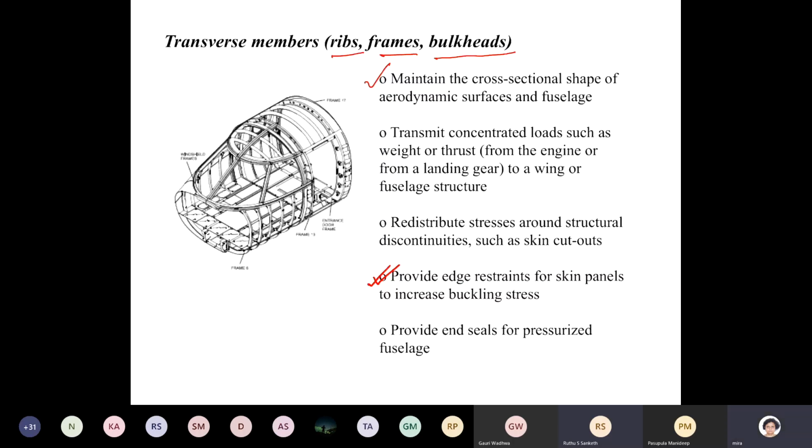Imagine a Coke can. If you try to crush the Coke can using a compressive stress, it's a problem of buckling. When you give a compressive force at the two edges, you can imagine the fuselage is almost like a Coke can.